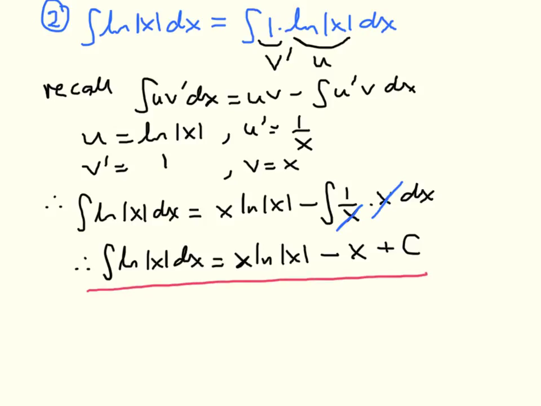And again, strongly encourage, check this result by differentiation. And using the product rule here, not forgetting that term, you should obtain the logarithm of x, the original integrand. So with that, we'll move on to the third integral.